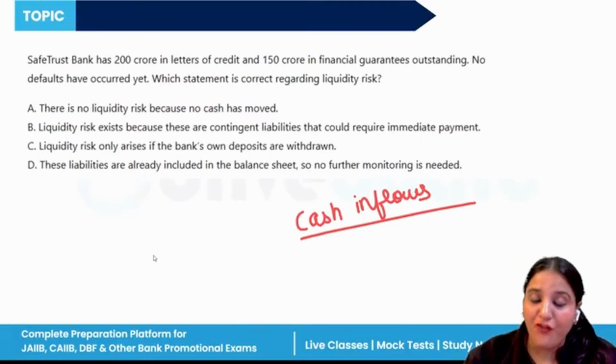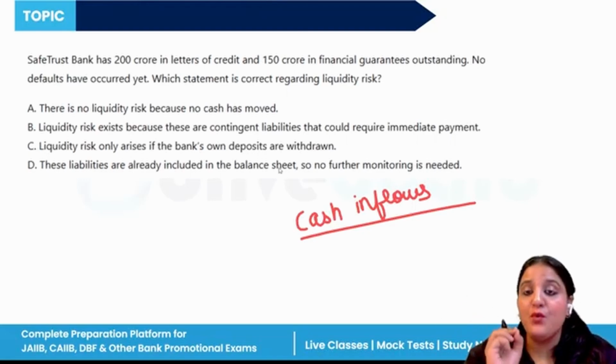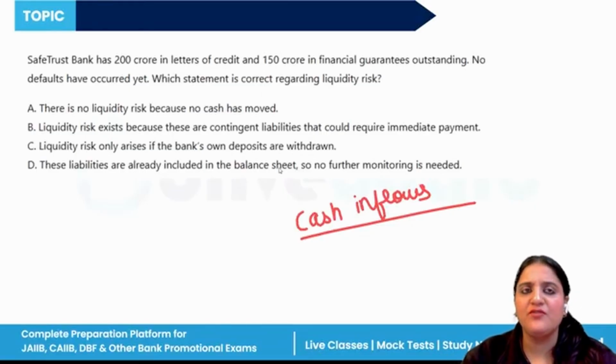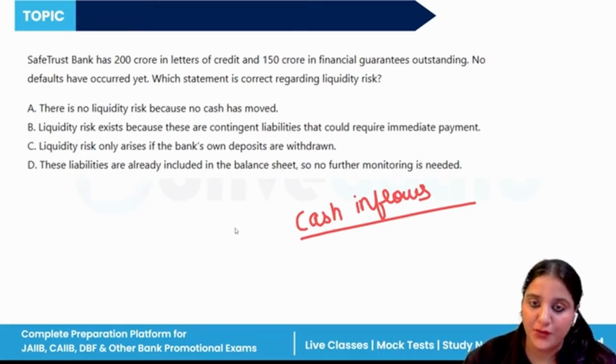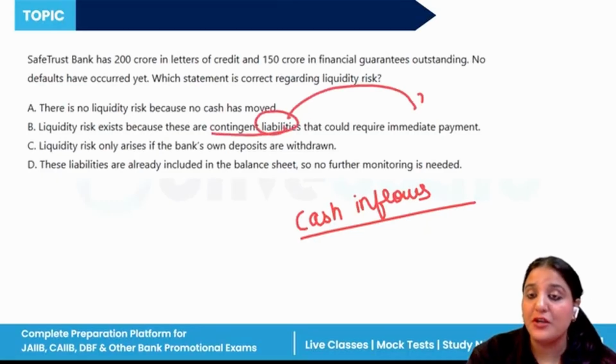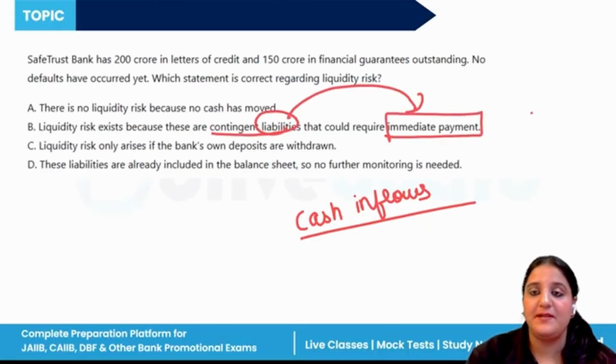If the client defaults, the bank has to honor the letter of credit or guarantee immediately, which could strain the liquidity. So proper risk management involves identifying, measuring, and planning for contingent cash flows. So liquidity risk exists because there are contingent liabilities that could require immediate payment. So option B is correct here.